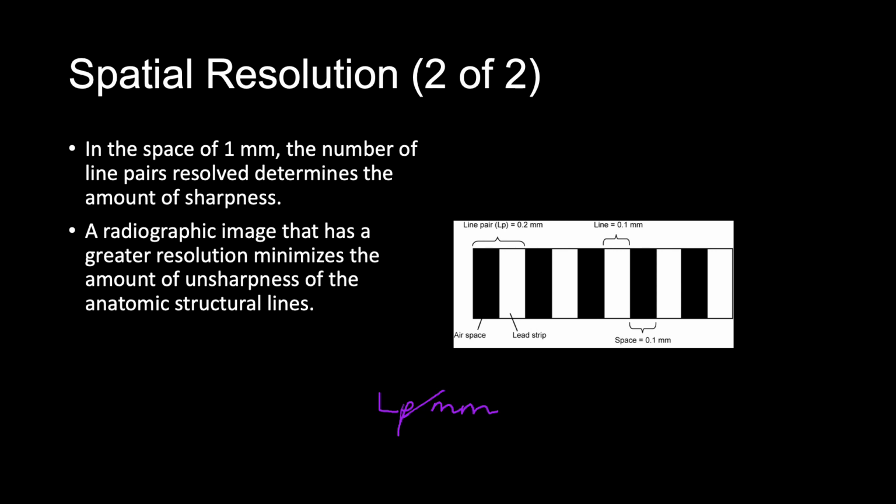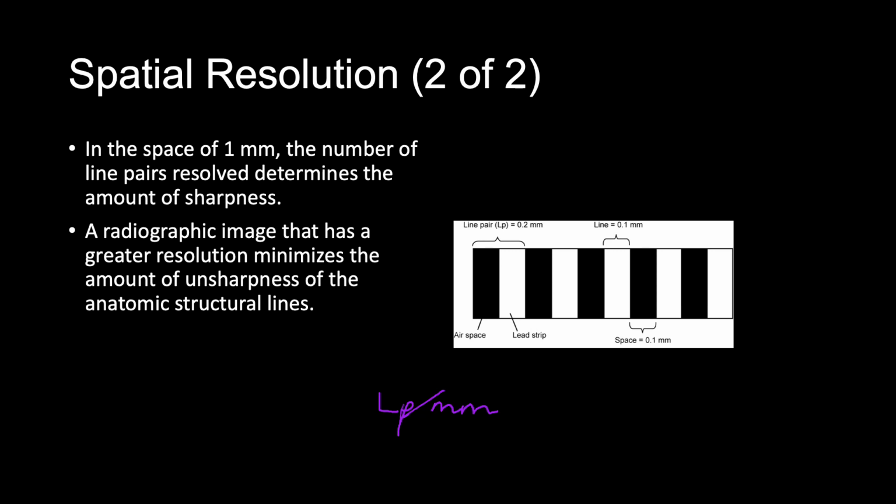It is 5 LP/mm. A line pair includes a line and a space. So if 5 LP/mm are visualized, a line pair measures 0.2 millimeters and each line measures 0.1 millimeters.